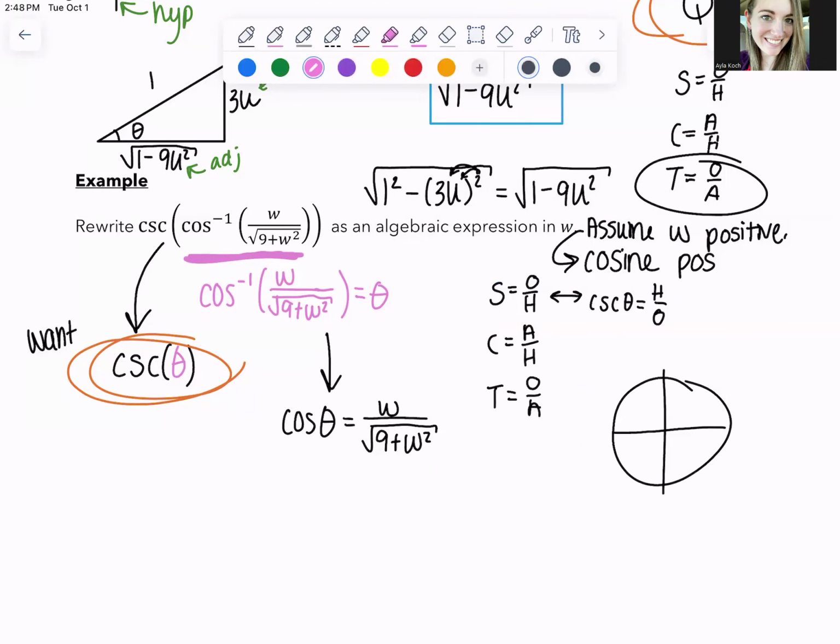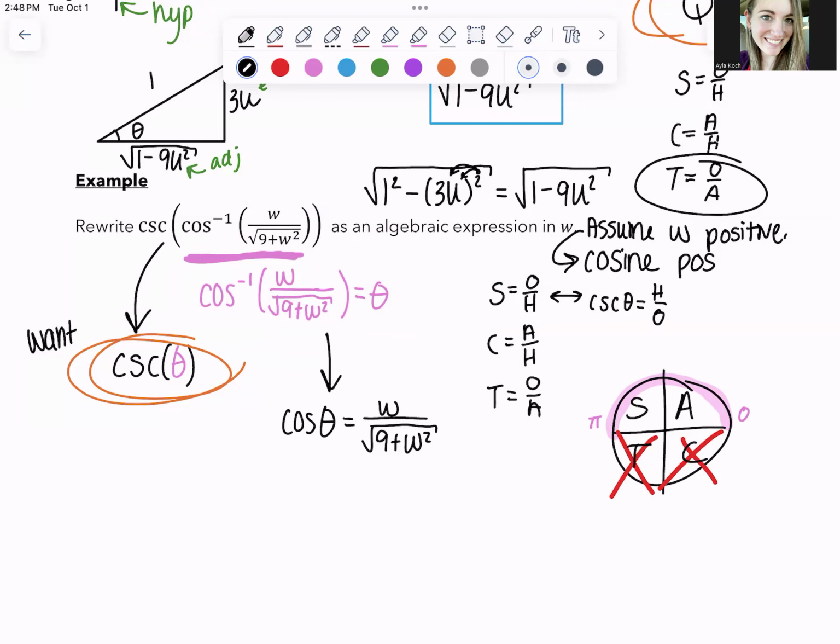Cosine inverse is where the angle comes from. So cosine inverse has a range from 0 to pi. That means that the angle that was spit out, theta, can't be in quadrants 3 or 4. All students take calculus.